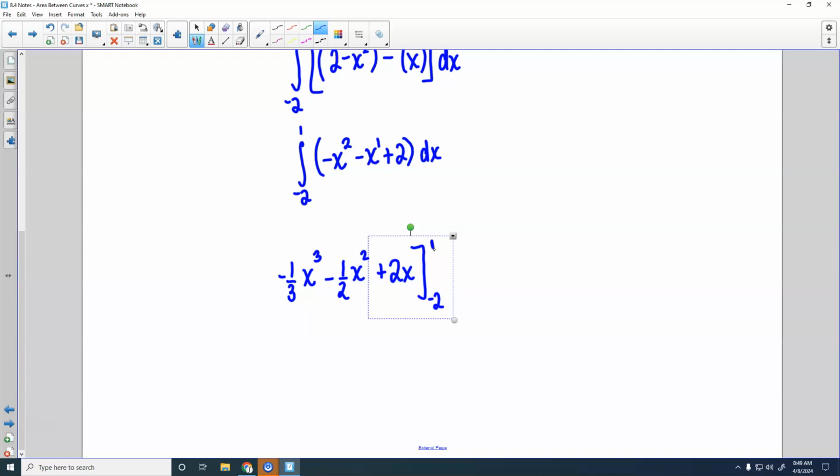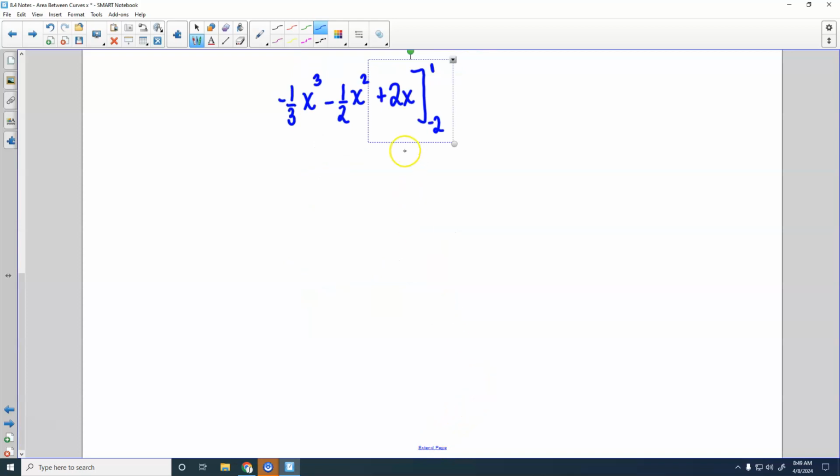Everybody good here? Okay, so we need to plug in 1, we need to plug in -2, we need to subtract the two there, so we're going to have negative 1/3 times 1 cubed minus 1/2 times 1 squared plus 2 times 1.